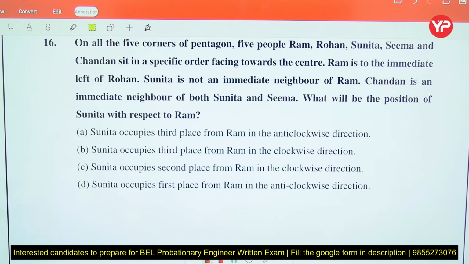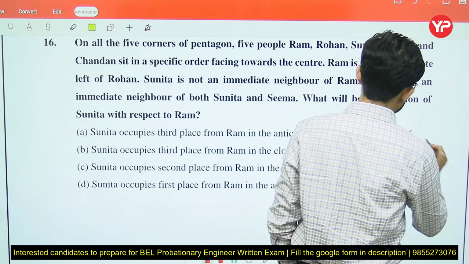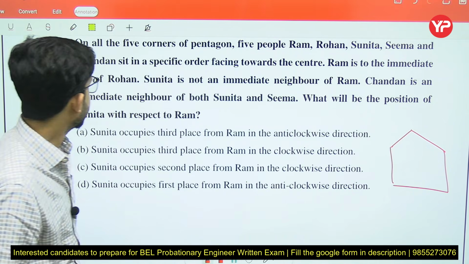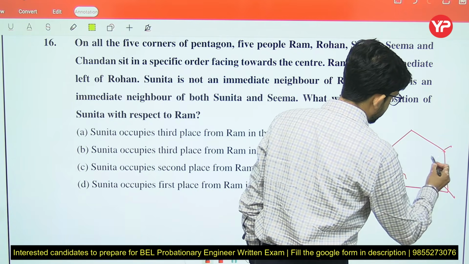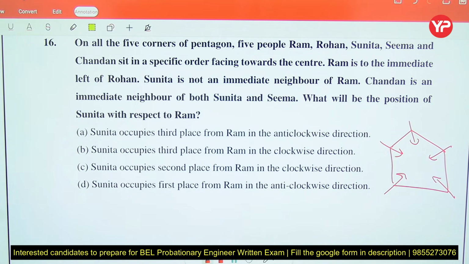Sitting arrangement, 5 people, pentagonal. First of all, draw a pentagon. This is the pentagonal shape, and they are facing towards the center.